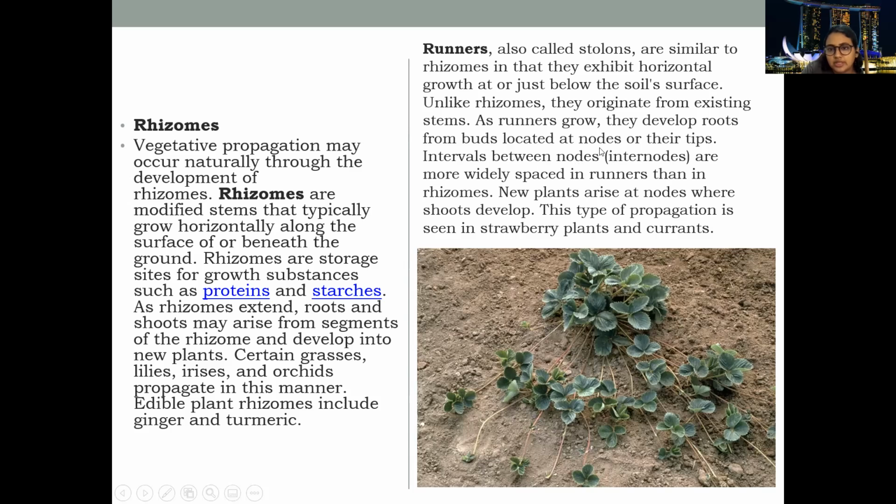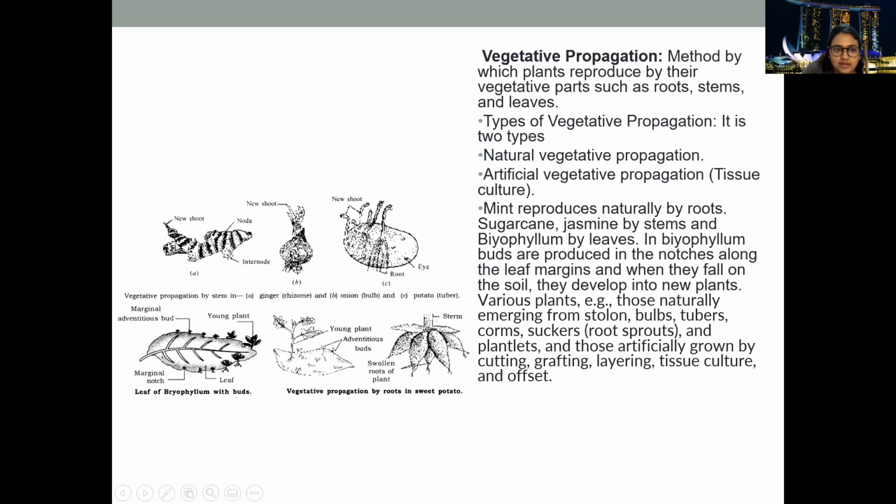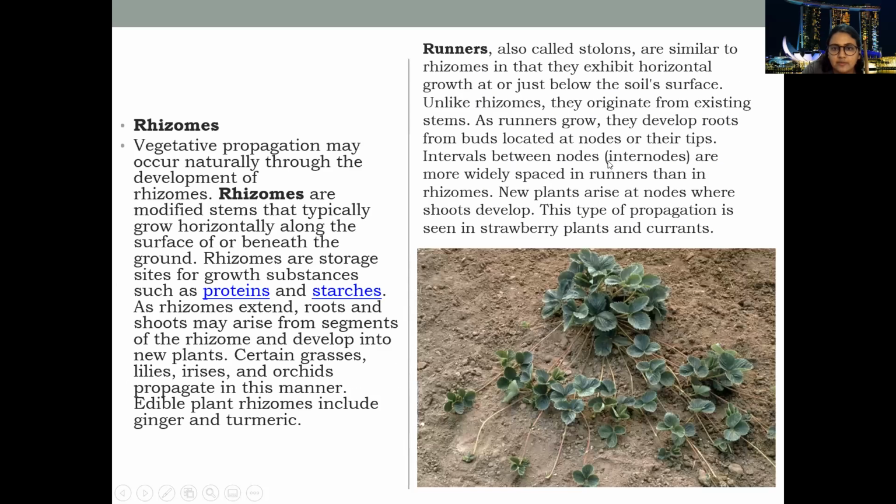The space between two nodes is called the internode, right? This is one node, and this space is called the internode. Internodes are more widely spaced in runners than in rhizomes.